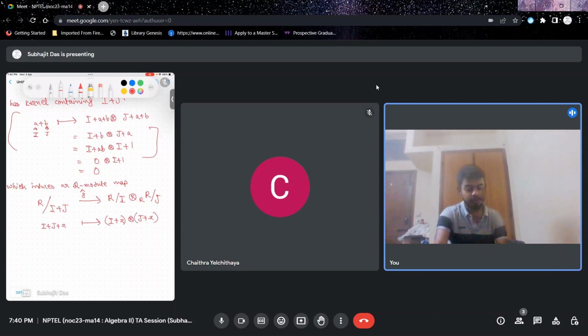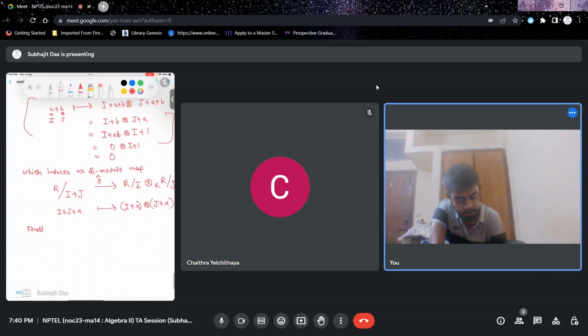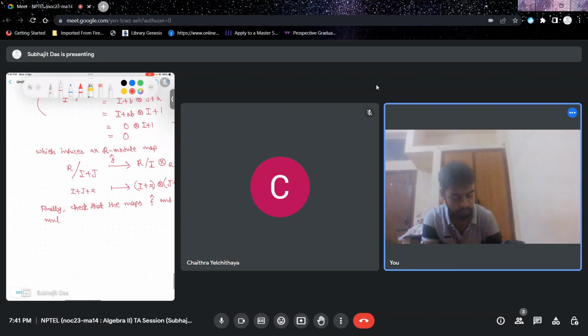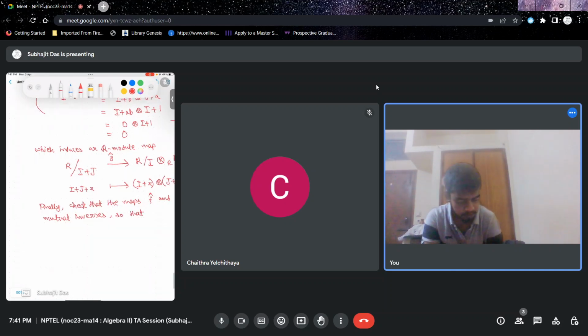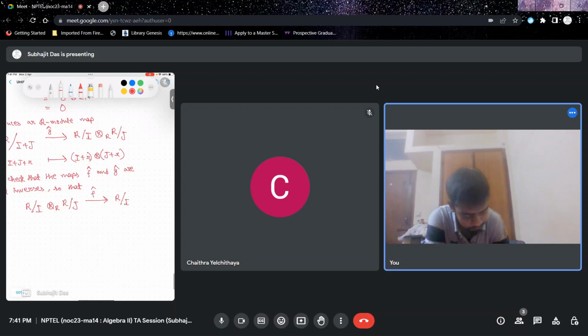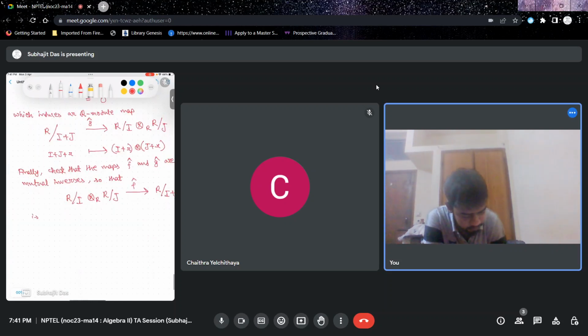Okay, so finally check that the maps f hat and g hat are mutually inverses, so that this mapping of the tensor product R mod I tensored over R with R mod J, this f hat map, into R mod I plus J, this morphism is an isomorphism.